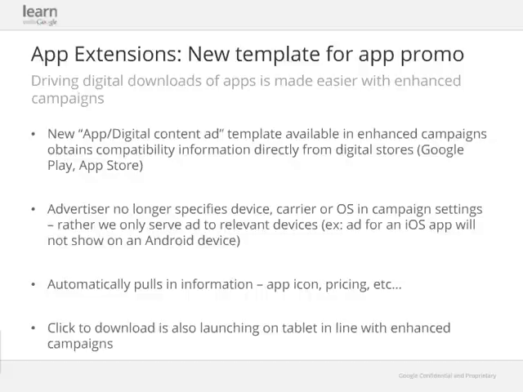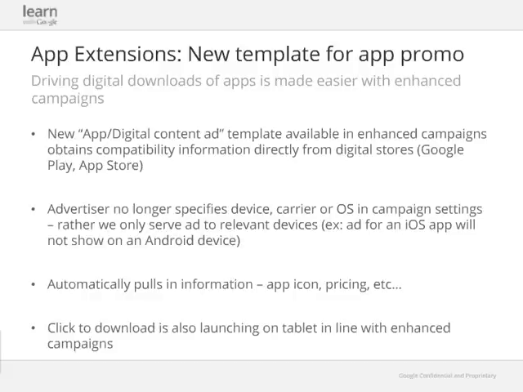So advertisers don't need to specify which device, which OS, and campaign settings, and can just create an ad linking to the iTunes App Store or the Android Google Play, right? So if an Android user does a search for that app, only an ad for Google Play will show, and the same thing for iTunes. So this is a pretty powerful tool.